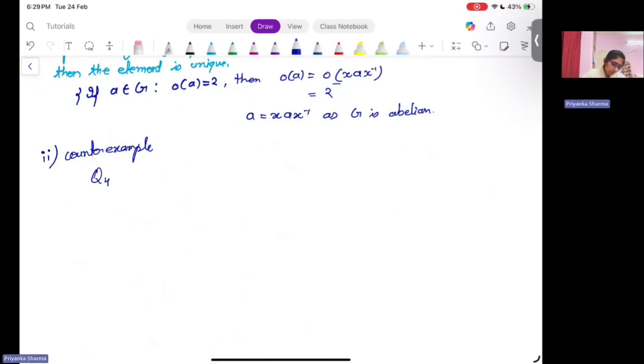The quaternion group Q4, or sometimes this is denoted as Q8, has a unique element of order 2, but it is not cyclic.